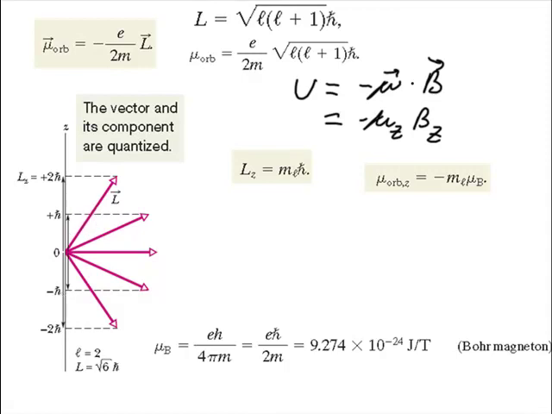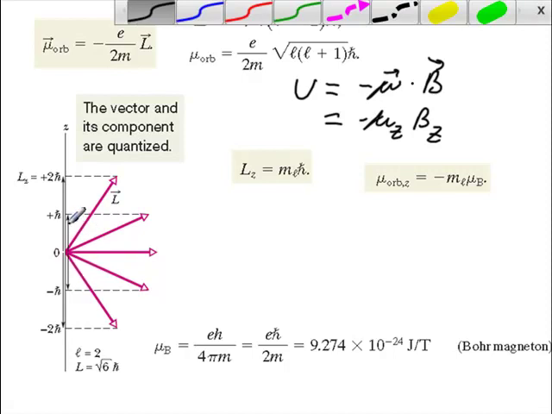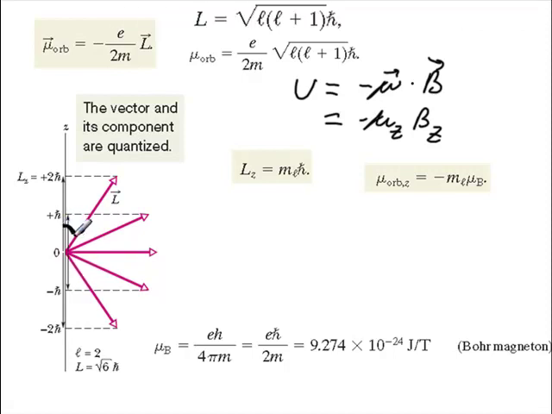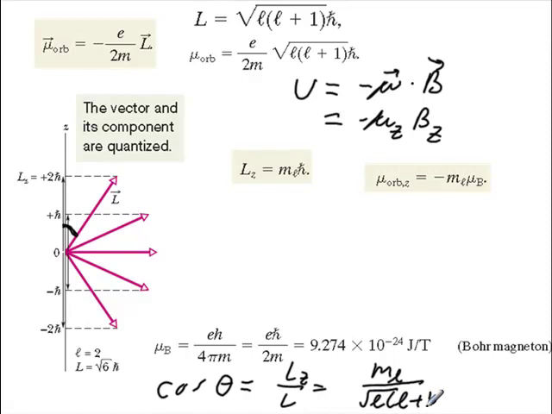Sometimes it's convenient to define this angle here between the z-axis and the orbital angular momentum. That angle has a cosine equal to Lz over L, which is just m sub l over the square root of l times l plus 1.